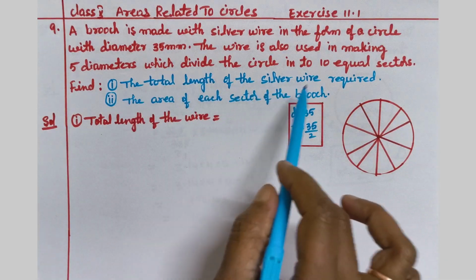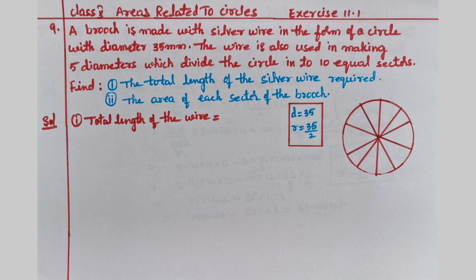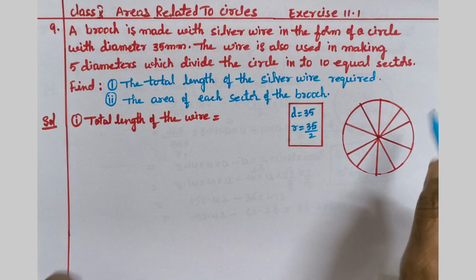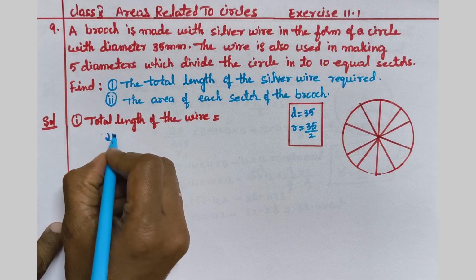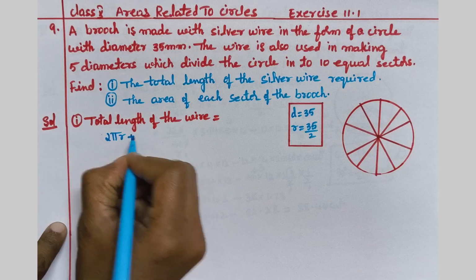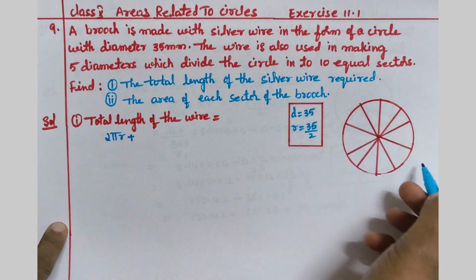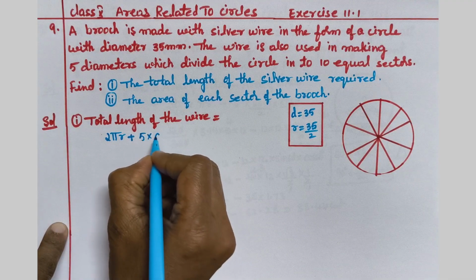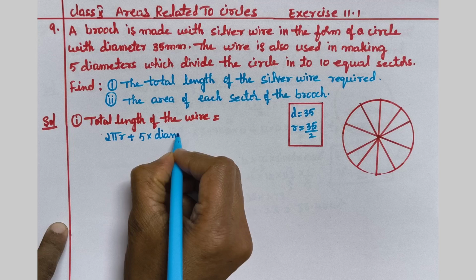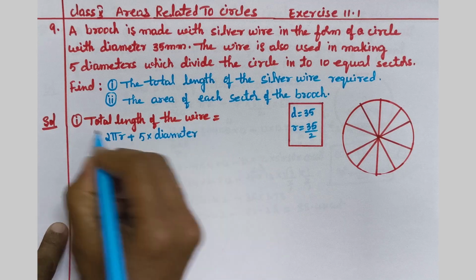The total length of the silver wire is required. So first this is circumference. Circle circumference silver wire is there. Circumference of the circle formula what? 2 pi r plus 5 diameter also. This diameter also silver wire is there. So 5 into diameter. 5 into diameter means you will get total length of the wire.